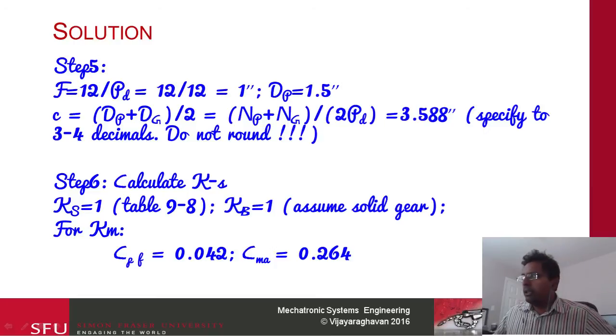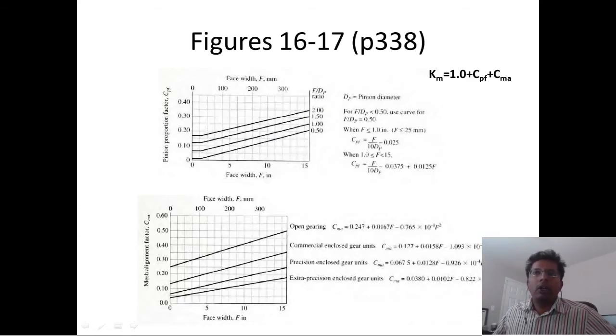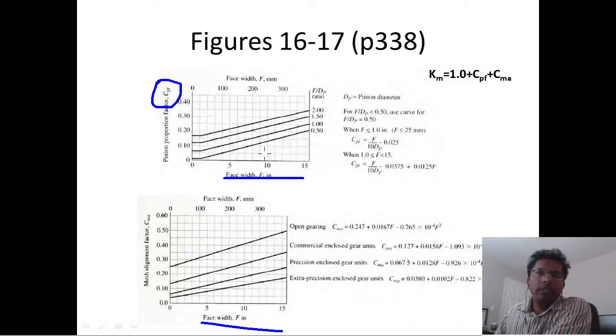So keep in mind that you can either use the formula for this, or you can basically use figures 16 and 17. They're basically based on the face width over here. Both of them use face width. Then you calculate F over dP, and then figure out what these values are.